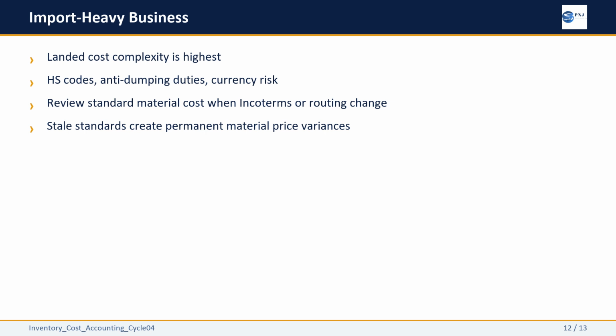If it isn't, a standard that no longer reflects current duties and freight will generate permanent material price variances until somebody updates it. Your advisory focus is duty optimization through free trade agreements, bonded warehouses, or duty drawback, plus HS code review and a currency hedging strategy. This is where deep expertise really pays off.